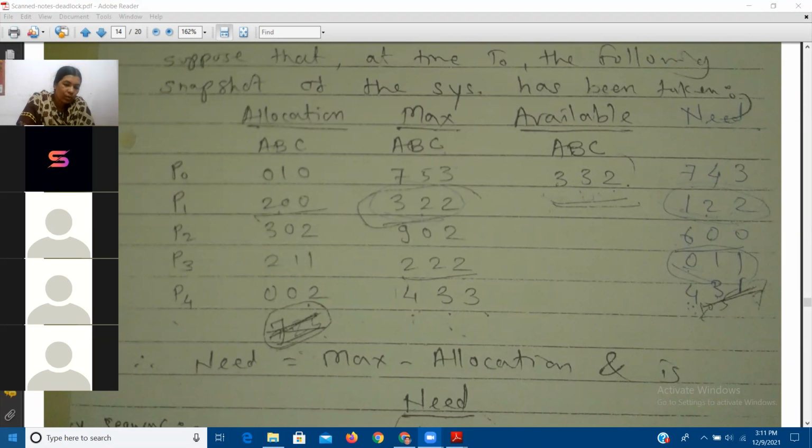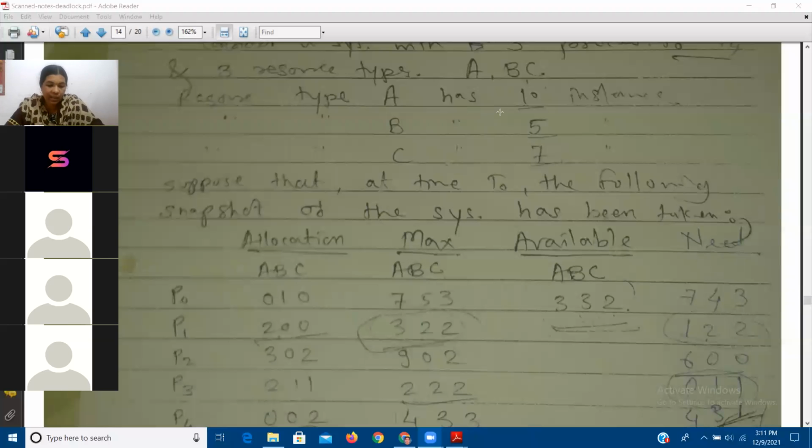And initially also with me, resource type A had 10 instances, resource type B had 5 instances, and resource type C had 7 instances. Okay, so like that I got the safe sequence P1, P3, P4, P0, P2.